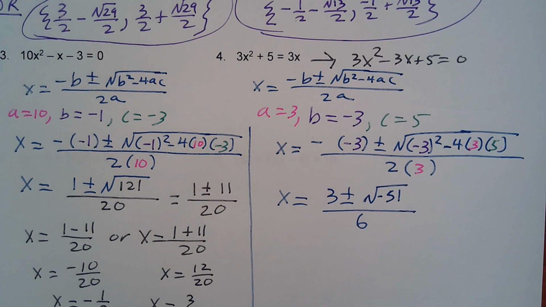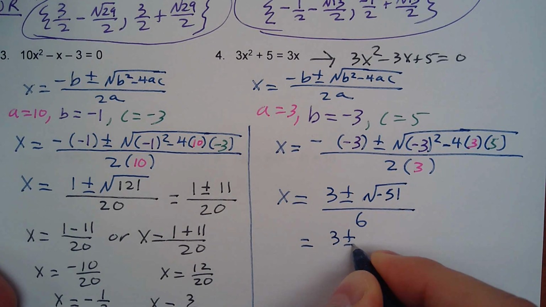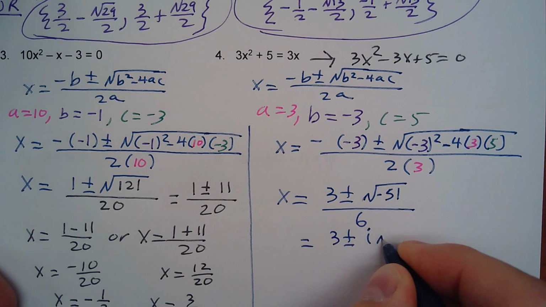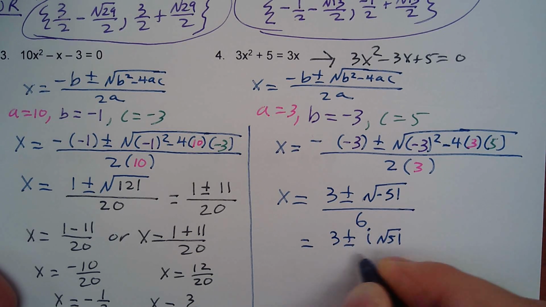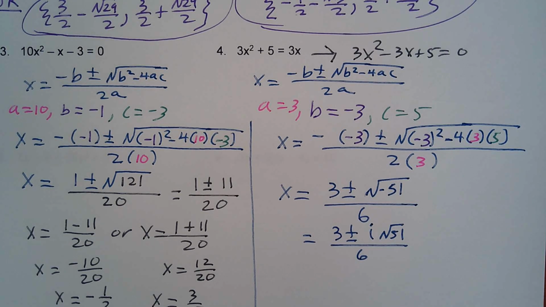Okay, now the problem we got here is that's a negative number, so we have to write that in terms of i. So 51 cannot be broken down underneath the square root. So that's our answer.